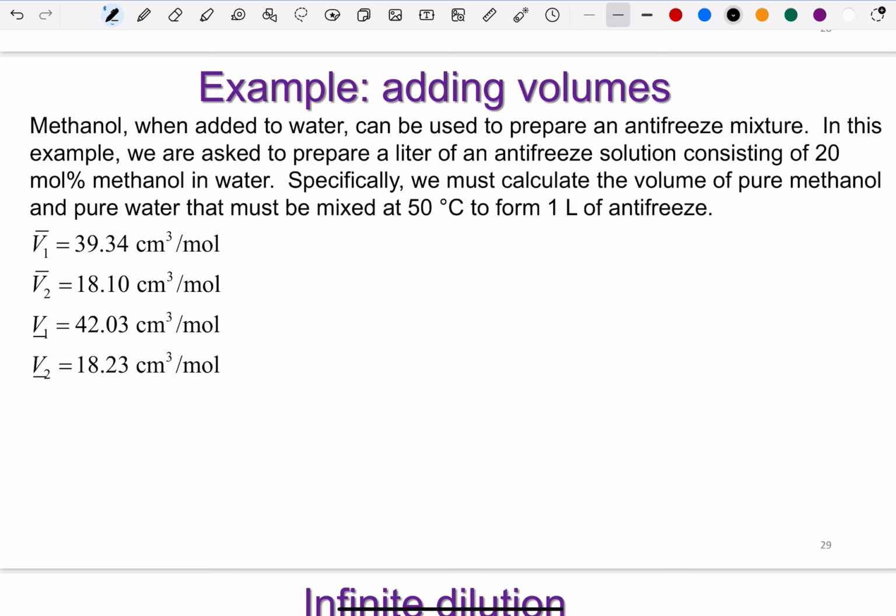So what information we have here is the pure component molar volume and also the partial molar volume that corresponds to this experimental condition that we have.